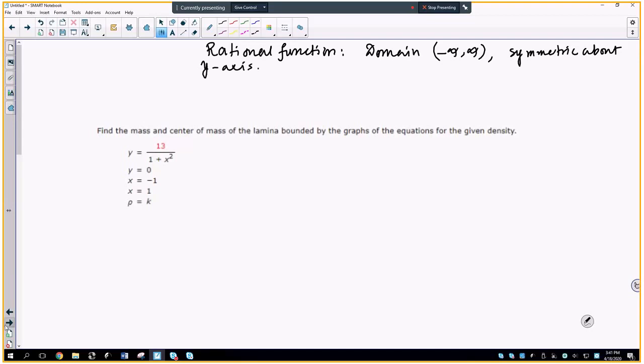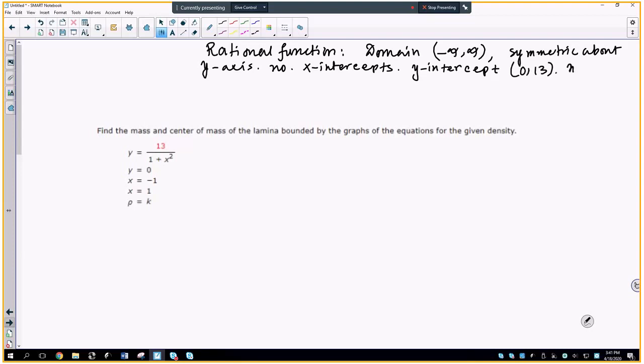It has no x-intercept, will never cross or touch the x-axis. The y-intercept, whereas, is the point 0, 13. That's the point where the graph is going to cross the y-axis.